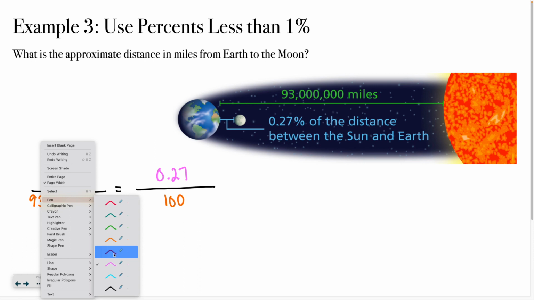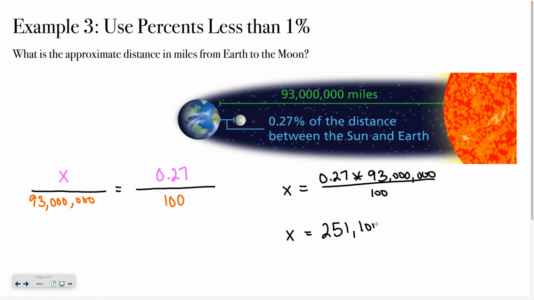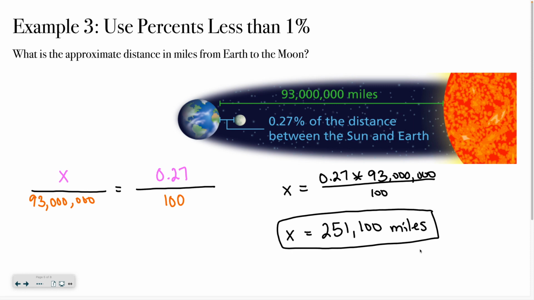Okay, and when I cross multiply and divide, so x equals, I would do 0.27 times 93 million, all divided by 100. I would be left with about 251,100 miles. And that would be my final answer. So it's about 251,100 miles between the Earth and the Moon.